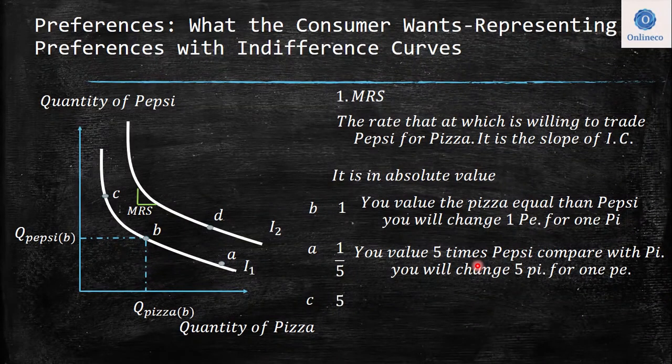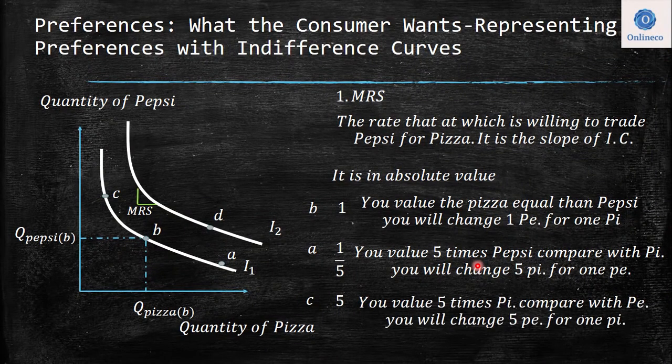The other part is completely the opposite. You have a lot of liquid, a lot of Pepsis, but you are still hungry. So then you make the opposite trade.